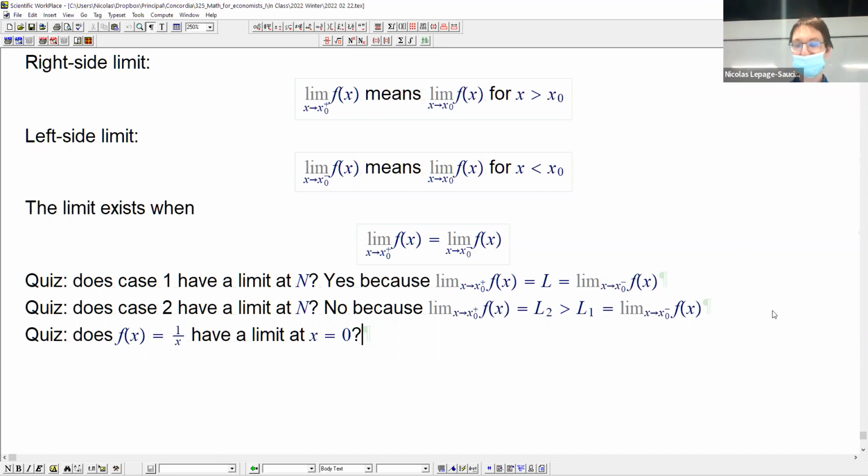Good call, good call. So no. So why? Because this is equal to what? Well, I'm going to say it's for 0 plus.